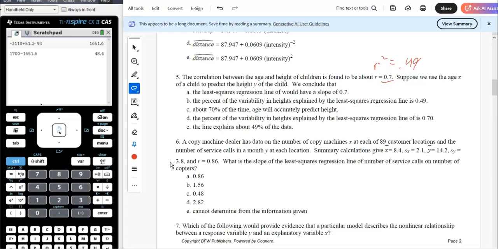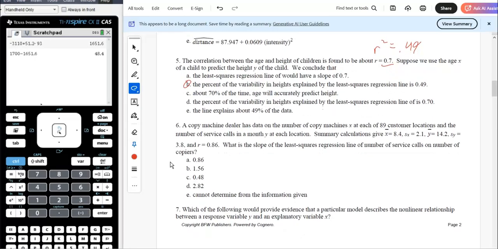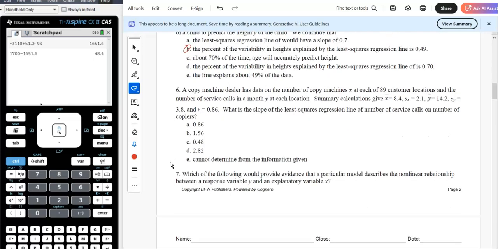So about 49% of the variability in y can be explained by x. So variability explained by the least squares regression line is 0.49, percent of variability in height, which is y. Yeah, I think that's right. If it was just r, you can tell it's positive and moderately strong.